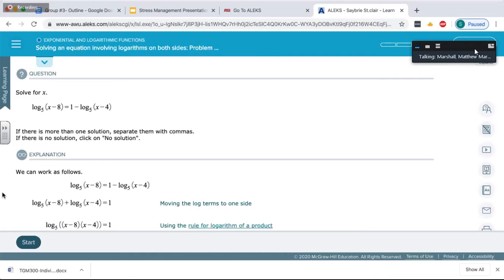A lot of log stuff, and yeah, a lot of mistakes. Sure.